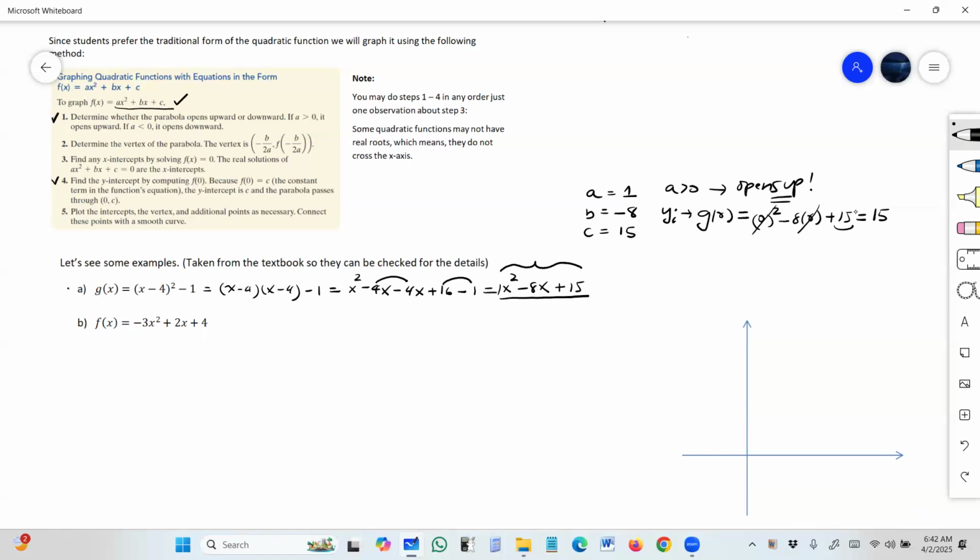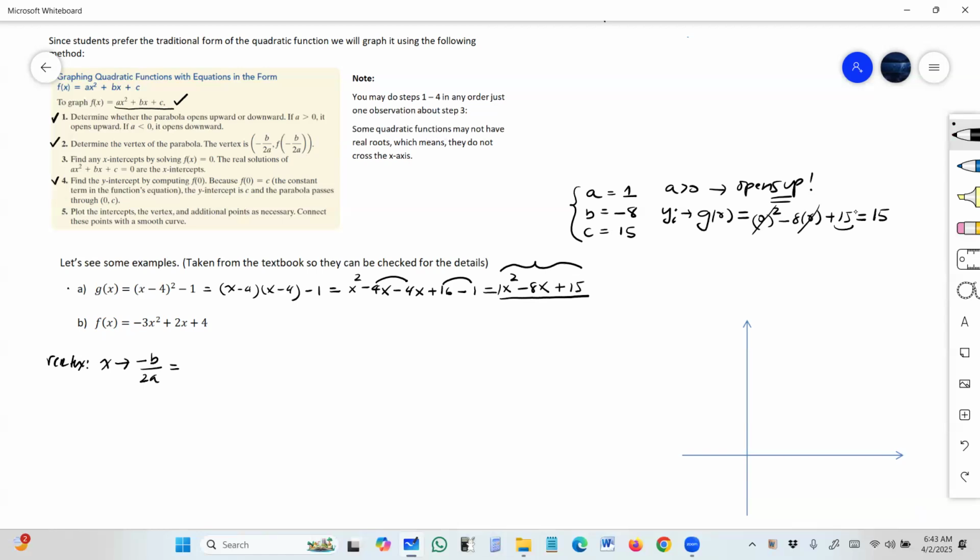I want to do the vertex now. So for the vertex, I'm going to write the vertex here. I have to find the x coordinate, which is minus b over 2a, using the values I have over here.